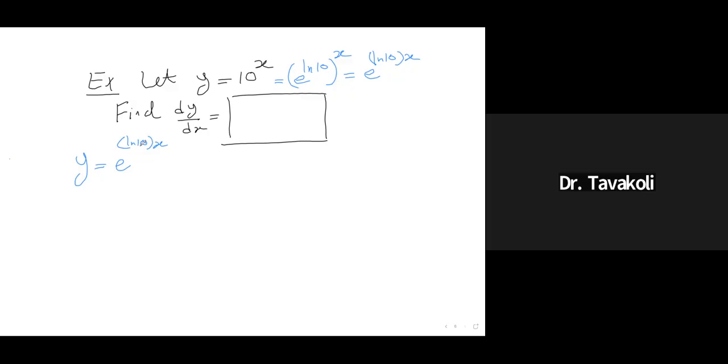But it requires that the exponent be one single variable, one plain variable. So that's why we let u be this exponent. So u is ln of 10 times x, and y is e to the power of u.